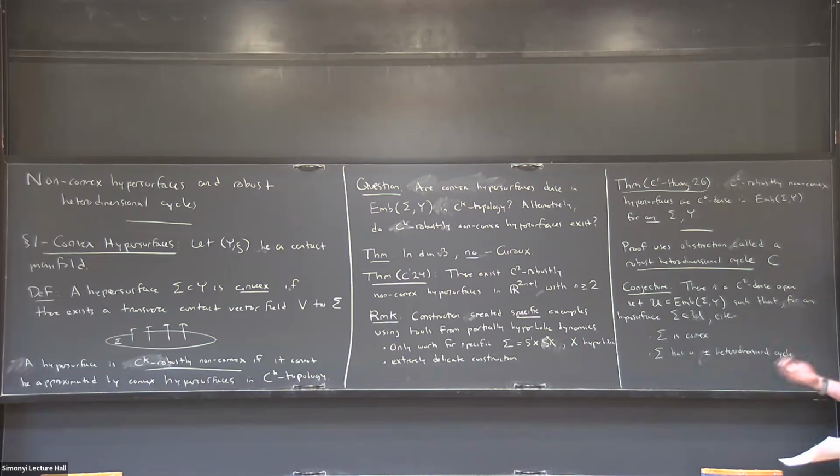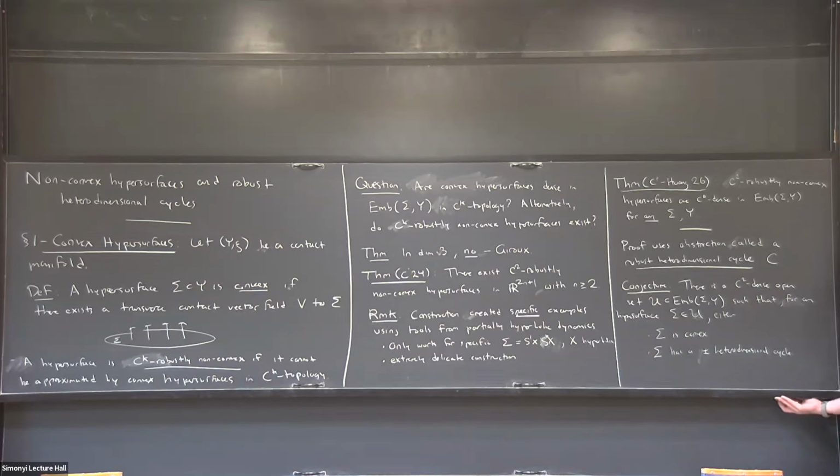So basically, my belief is that the obstruction to convexity that I'm going to explain to you in a bit is generically the full obstruction, meaning that if you just perturb your surface, either this obstruction appears or you are convex. I'll explain some reasons for that conjecture later.